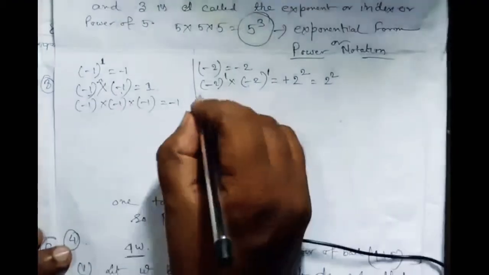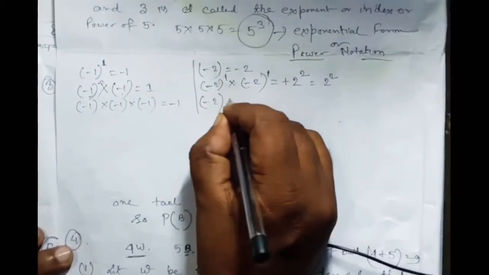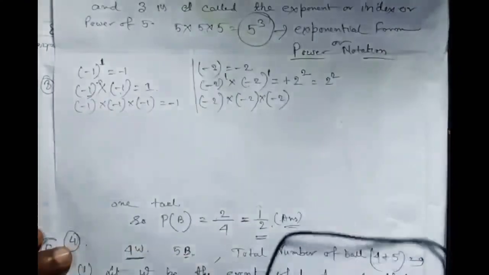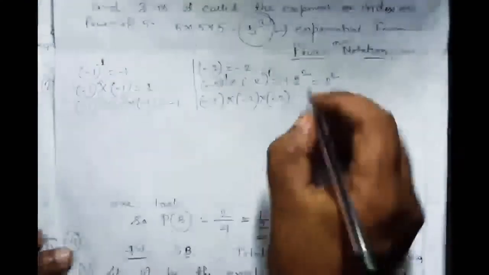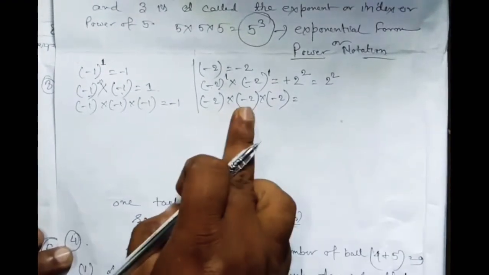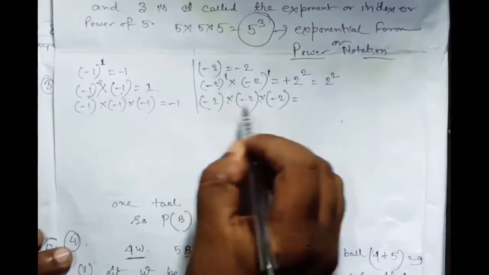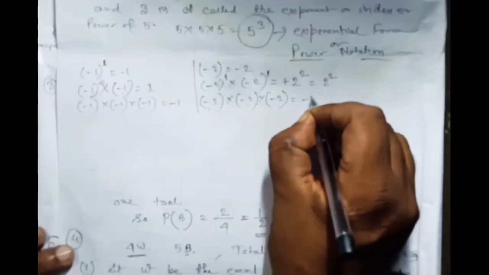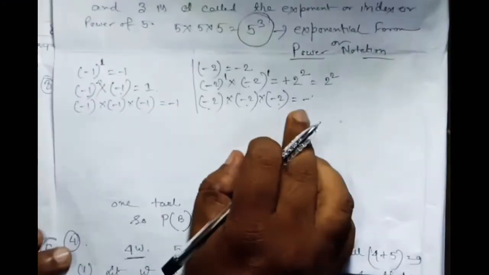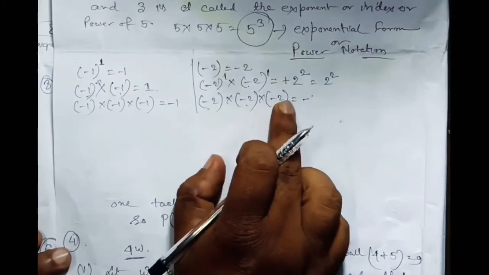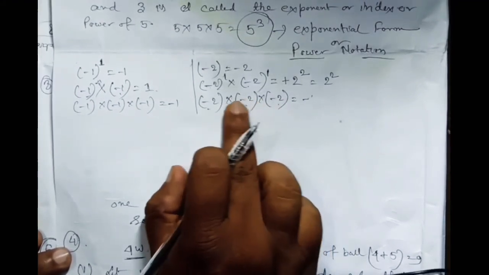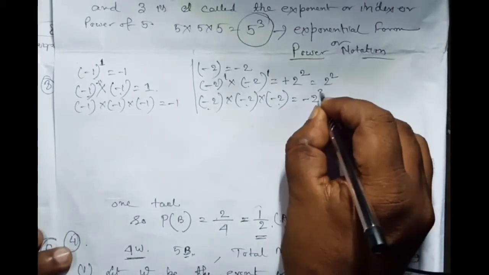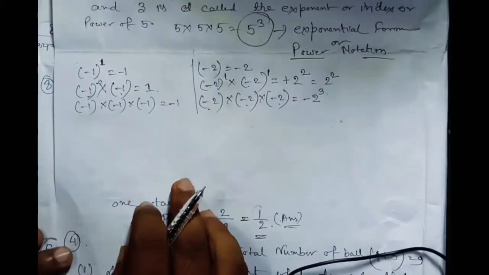Understood? Next we are taking -2 into -2 into -2. If we do that, minus into minus into minus means a minus is definitely present. Now if we multiply the 2s, we are getting (-2) to the power 3. Understood?